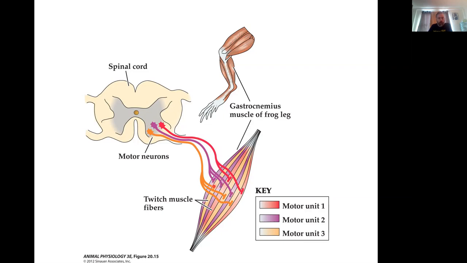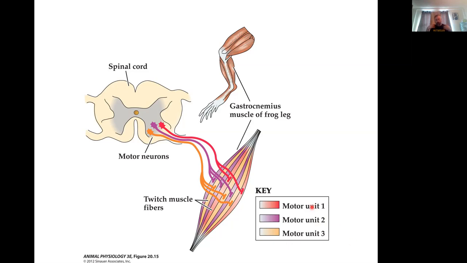The orange one has orange, orange, and orange. Each of these, this red motor neuron and the 2 muscle fibers that it's attached to, is one motor unit. The purple one and its 3 purple muscle fibers are motor unit 2, and the orange one and its 3 orange muscle fibers is motor unit 3.